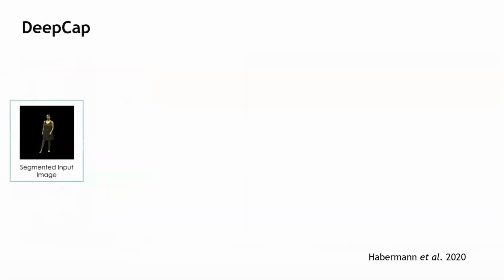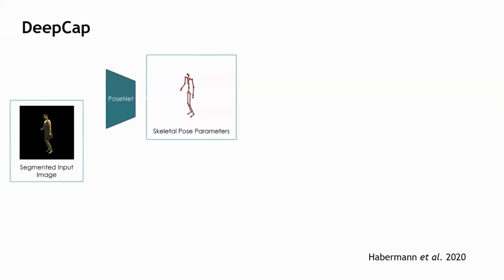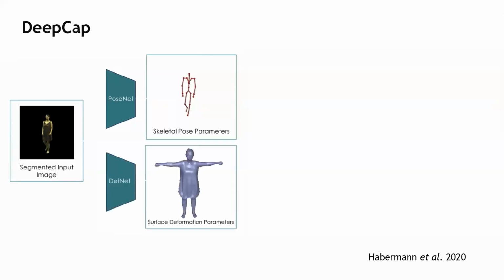I'll talk about one such example here. This is DeepCap. The input to the method is a segmented input image, so you assume you have segmentations already. Now there's one branch that estimates the poses. This will be used to do the piecewise deformations. And then there is another branch that learns the surface deformations in a canonical space.